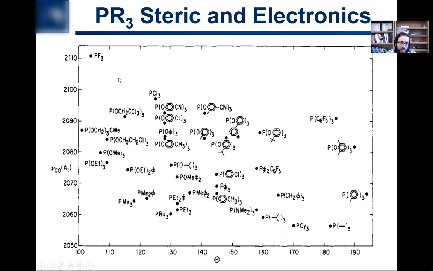So for example, if you have a really highly electron withdrawing phosphine, like phosphorus trifluoride, that's going to have a very high stretching frequency. And why would that be? Because you're pulling a lot of electron density away from the metal center, right? And so as a result, a lot of the electron density of the metal center is going towards the phosphine.